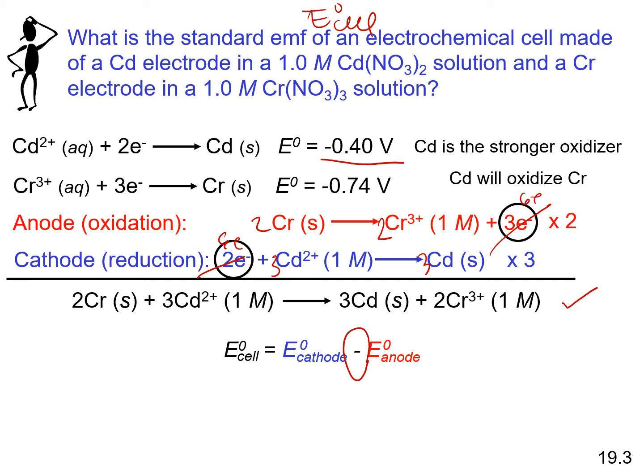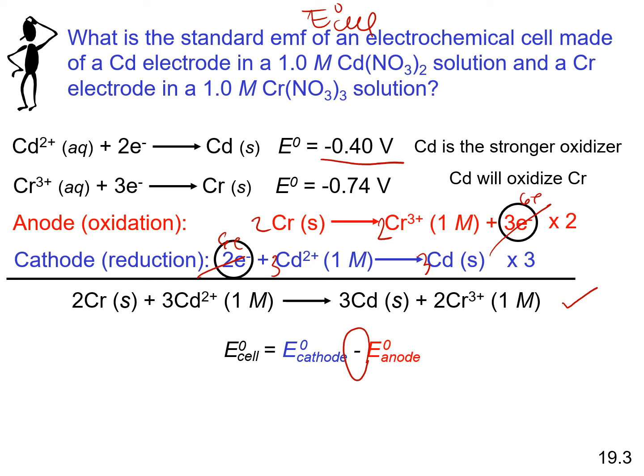Do not inverse anymore, because what will undergo oxidation is chromium, but this is the reduction potential. So when you reverse this, it becomes positive.